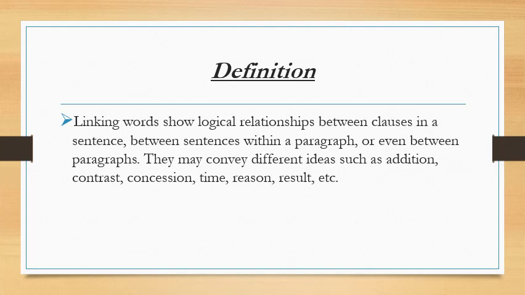They may convey different ideas such as addition, contrast, concession, time, reason, result, etc. So in this video, we are going to look at the most frequently used linking words in the Moroccan textbook. Either we're talking about gateway to English, ticket to English, or insight to English. So these linking words join word to word, phrase to phrase, sentence to sentence, clause to clause, or a paragraph to paragraph.